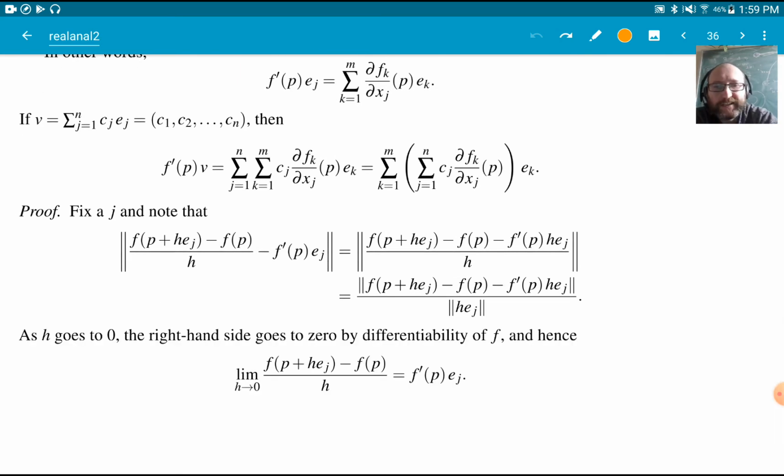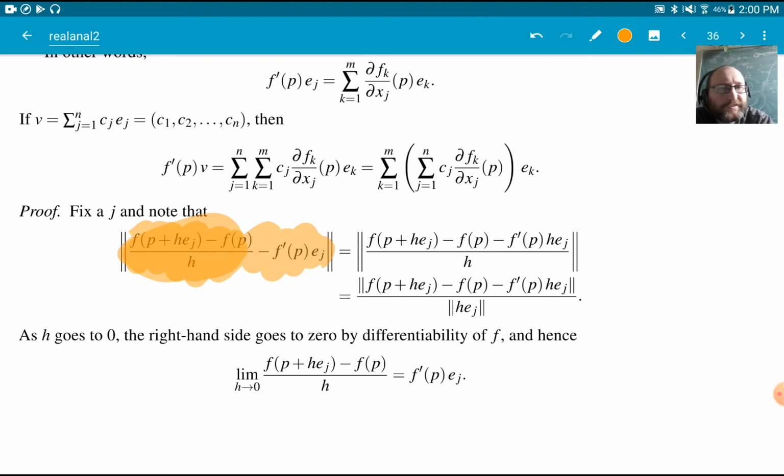All right, so let's prove it. So let's fix j, fixed some j, and we're assuming differentiability. Now, let's look at the thing that we'd want to go to 0. So let's look at the norm of this guy. We'll see that that's what we want to go to 0. So this is the difference quotient.